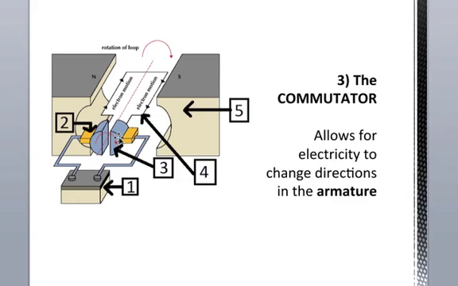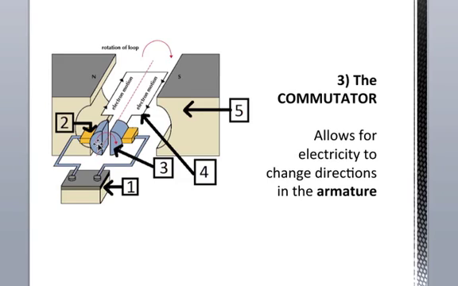Now, the thing that makes this unique is that this commutator is actually going to be spinning around. So as it spins, every 180 degrees, these two sides of the commutator are actually going to get reversed. And what that means is that the direction of electricity through the next part, part 4, the armature, is actually going to change depending on which side is connected to the negative terminal of our source.